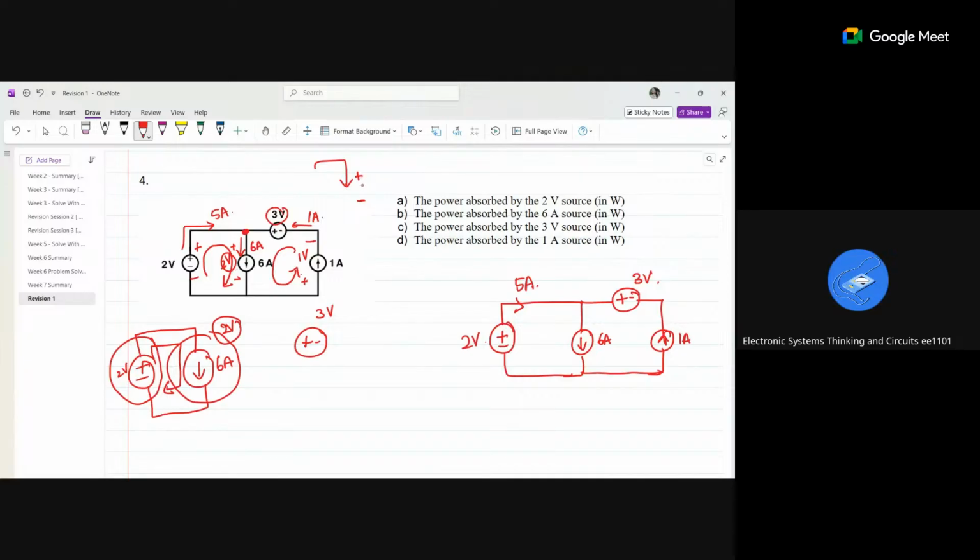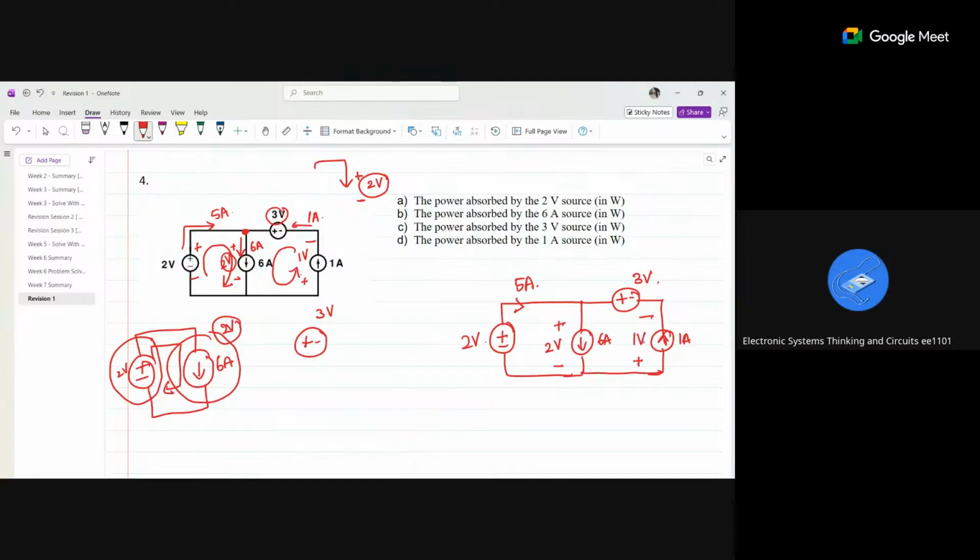I'll put this convention and write 2 volts. Minus 2, we are giving 3 volts, so it will be 1 volt. So this one in this orientation is 2 volts. Here the main thing is marking this plus and minus.